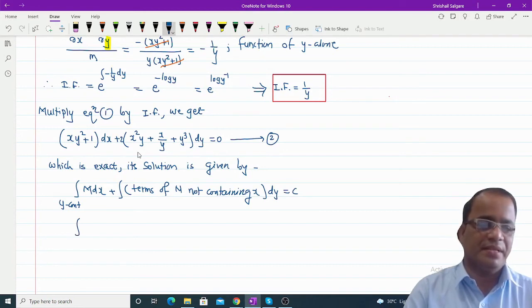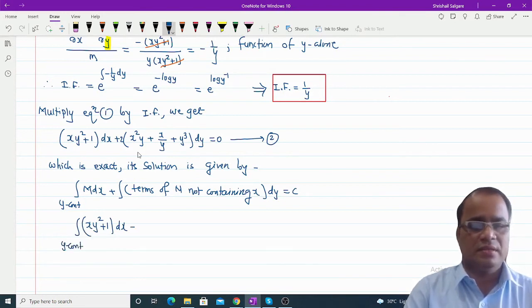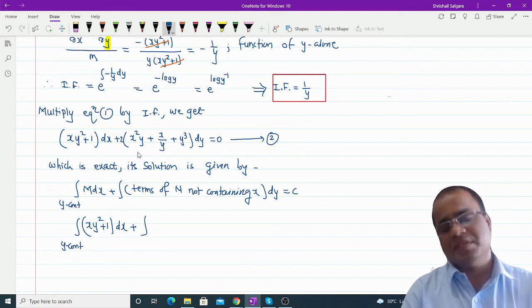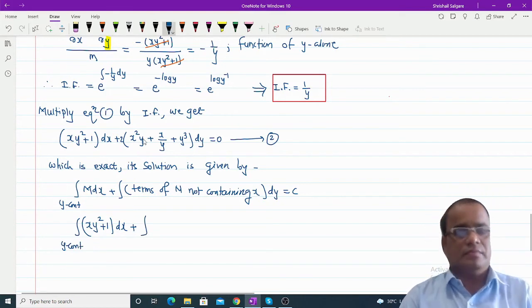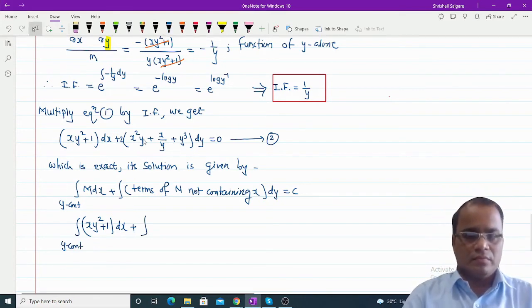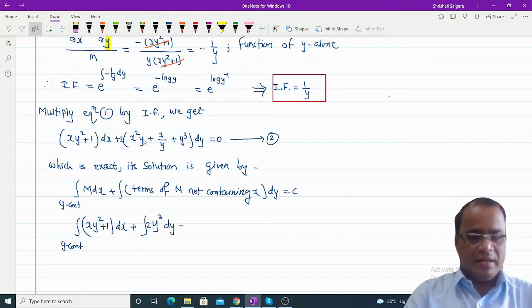That is, m is x y square plus 1 with respect to x, treating y as a constant, plus, is there any term which is free from x? 2y cube. Yes, it is 2y cube, I forgot to write that also. 2y cube dy equal to c.